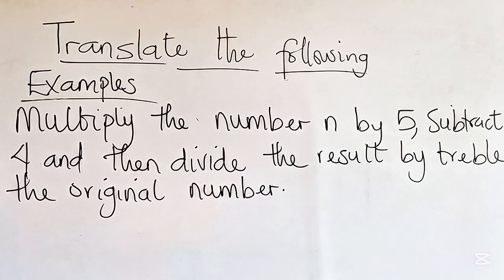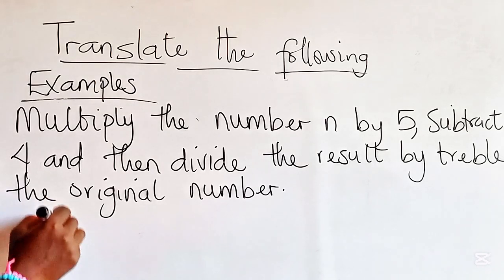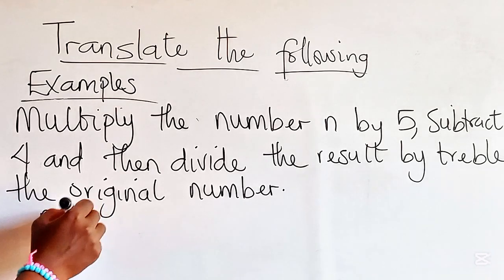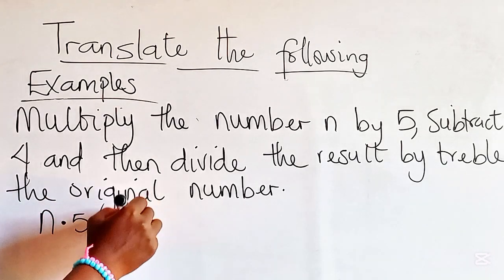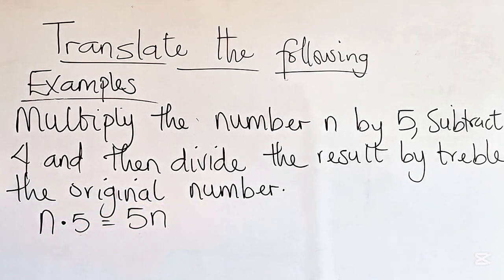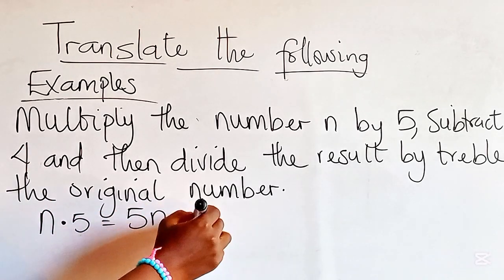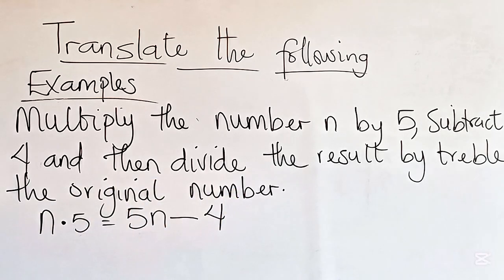All right, let's translate. We are to multiply the number n by 5. So n multiplying 5 is interpreted as n times 5, which gives us 5n. Then subtract 4. So we are subtracting 4 from 5n.